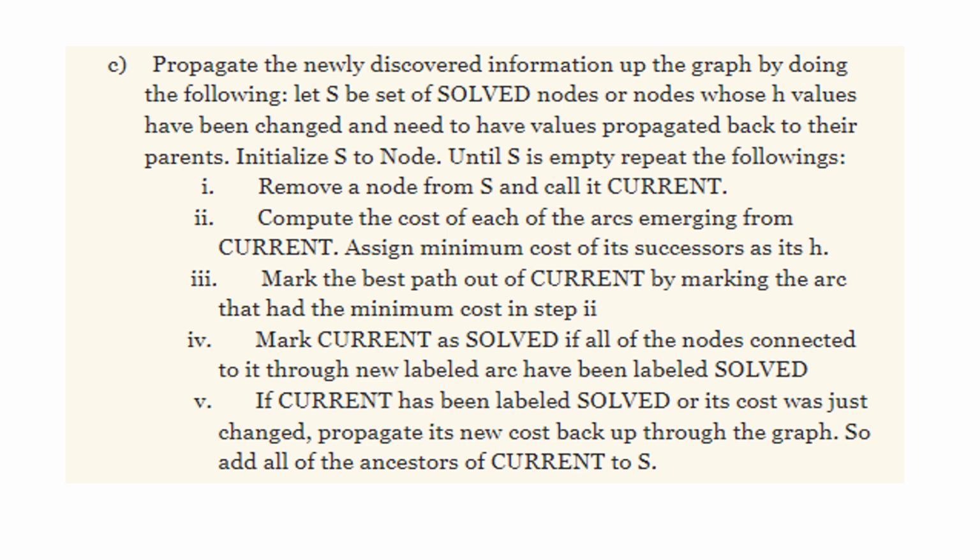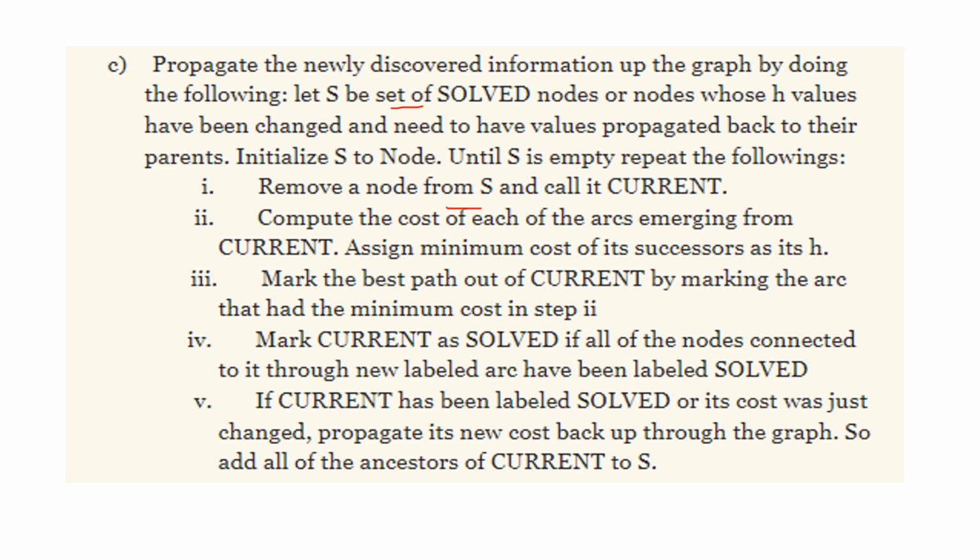Now AO star updates information backwards towards the start node. S is equal to the nodes where cost or status changed, and we have to repeat until S is empty. That means remove a node from the current S, so pick one node whose cost must be updated.